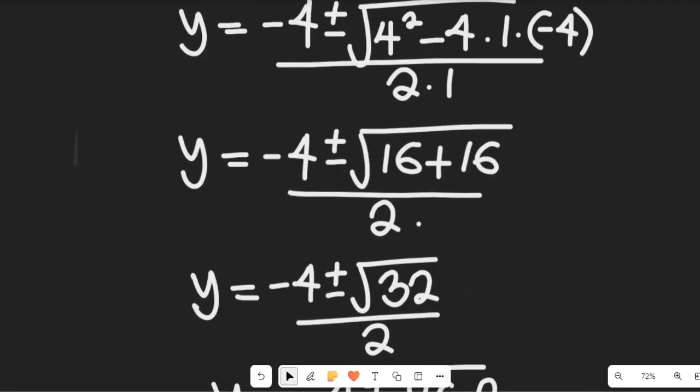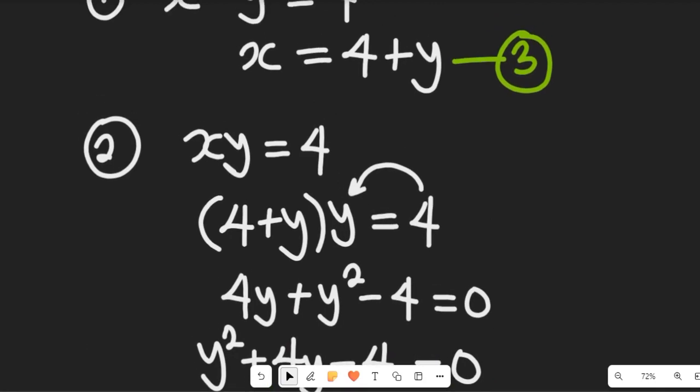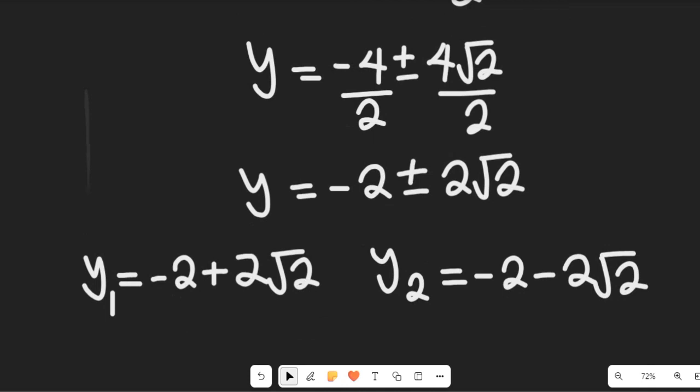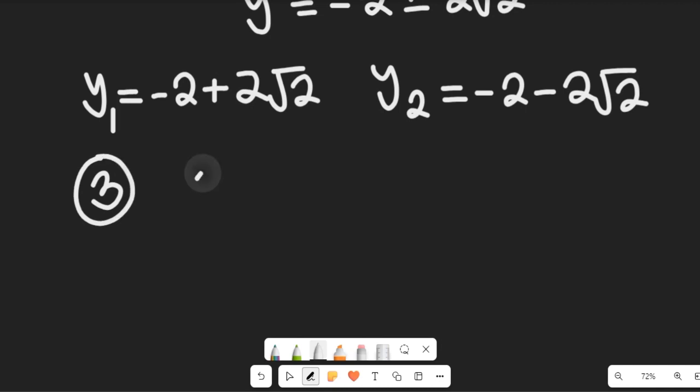Now, when we consider equation 3, we said the value of x is equal to 4 plus y. So from equation 3, the value of our x is equal to 4 plus y.